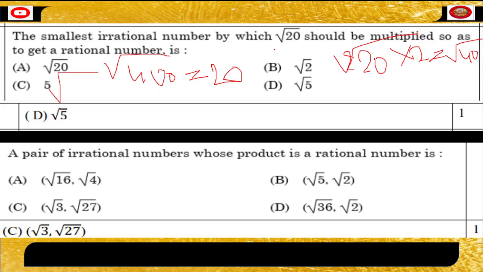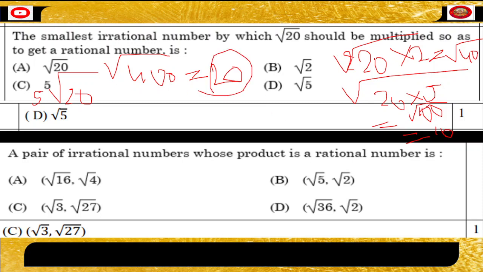Here is the square root of 20 into 5. It is not root 5, it's only 5. That means 5 into root 20. Here is the square root of 20 into the square root of 5. 20 into 5 is 100, and the square root of 100 is 10. Here also we get a rational number.